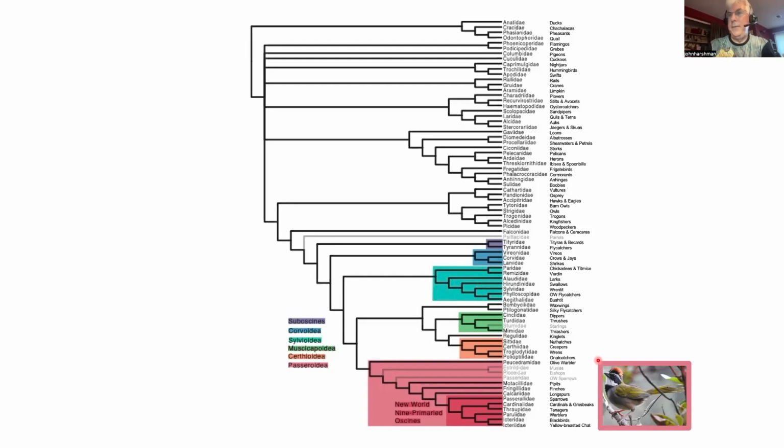Nine primary means they have nine primary feathers. The primary feathers are the flight feathers attached to the fingers. Birds do have fingers. And oscines just refers to half of the passerines, which is split into oscines and suboscines. New World nine-primary oscines.